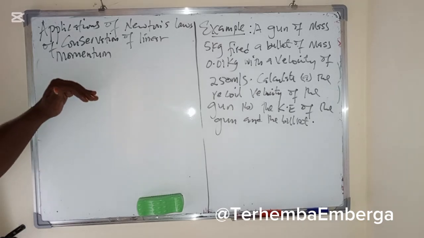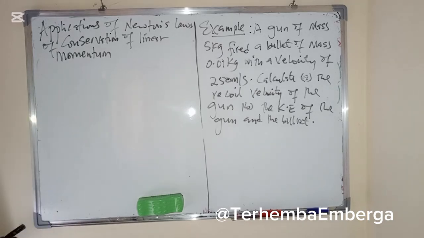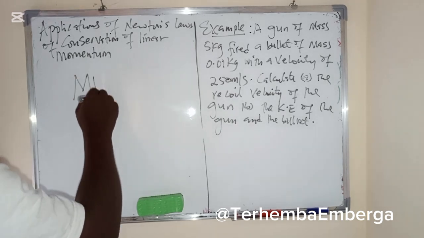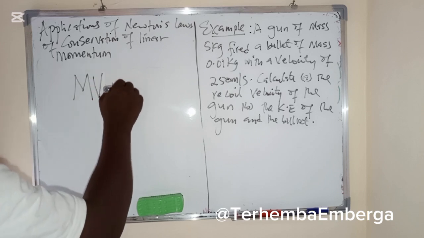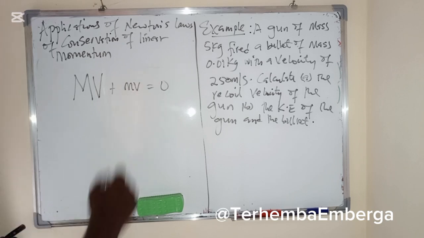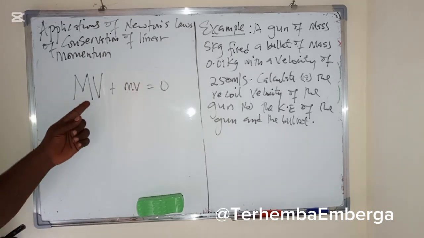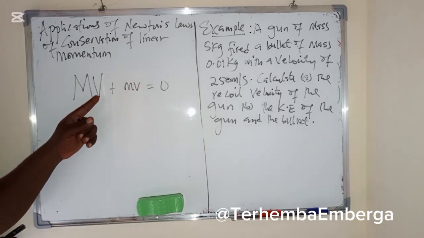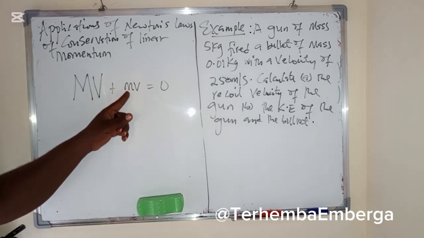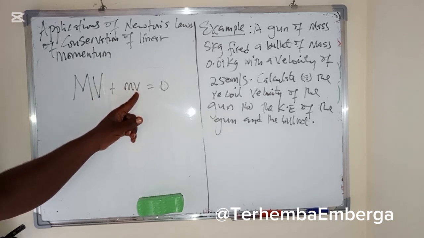So the total momentum as regards the gun and the bullets will be written as MV plus mv, as small letters, equal to 0, where they stand for the mass of the gun, the recoil velocity, the mass of the bullets, and the velocity of the bullets.